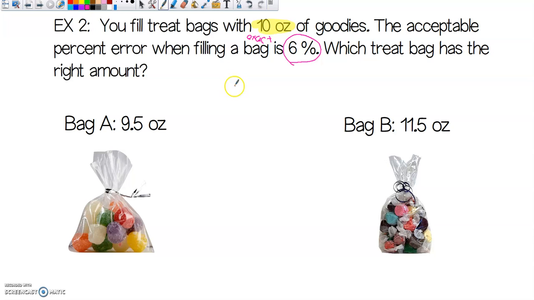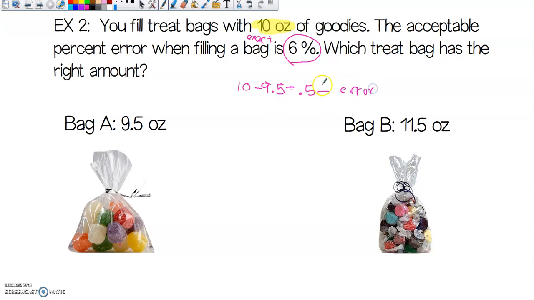It doesn't really matter when I'm taking an absolute value. I'm going to find my amount of error, and I'm going to say 10 minus 9.5, and that will give me 0.5. So I found my amount of error. Pen's not writing very well.